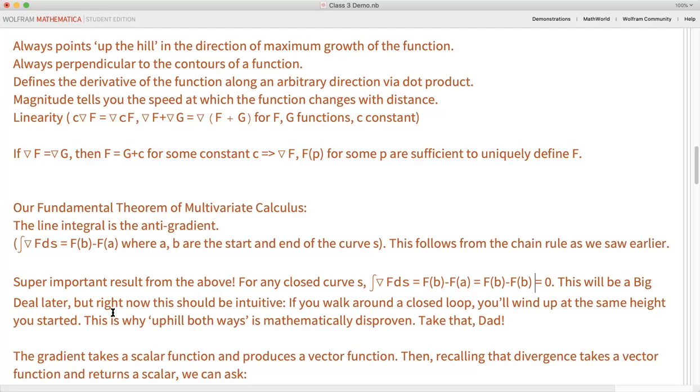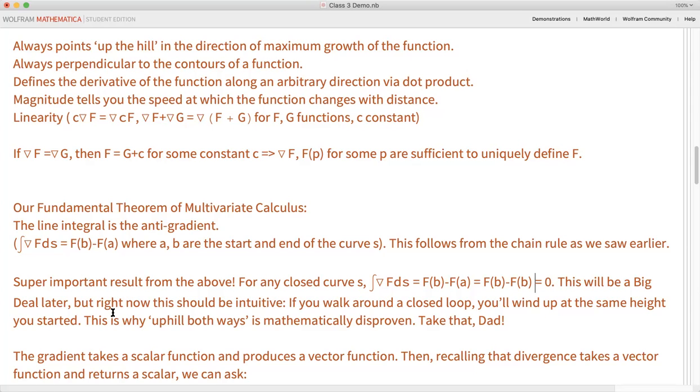So this claim might sound abstract, but basically what it means is that when your dad said that when he went to school, he had to go uphill both ways, he was lying, right? Because the path to and from school was a closed curve. If it went up on part of it, it had to go back down on the other part so that it would come out to 0 again.